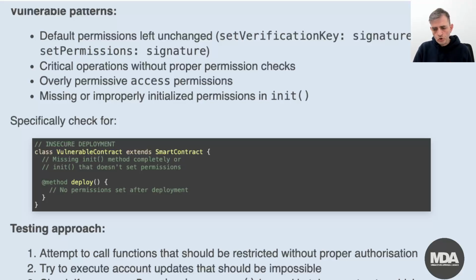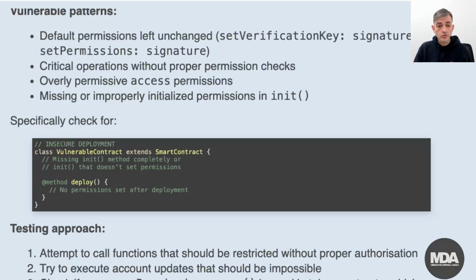Now, if you're unsure whether the code is vulnerable or not, we can do some testing. What you could try to do is to attempt to call functions that you expect to be restricted, but without using the proper authorization, and see if that still works.